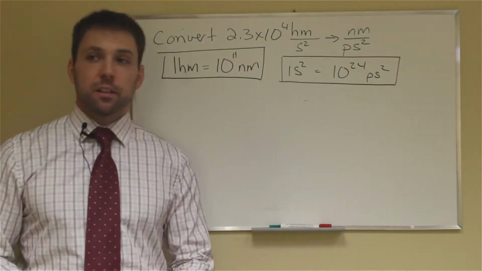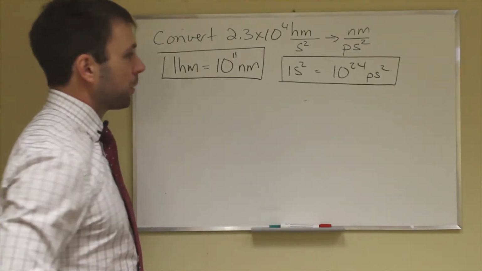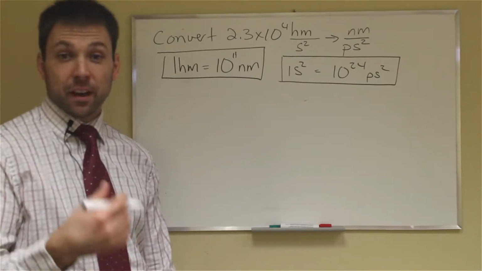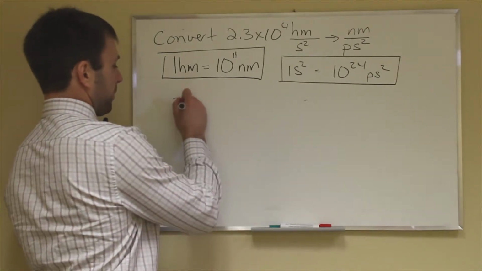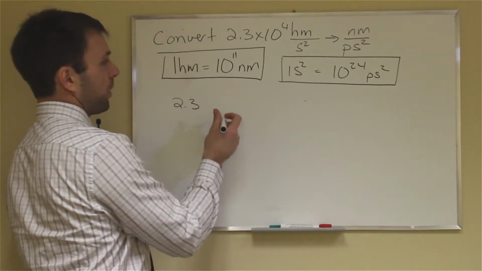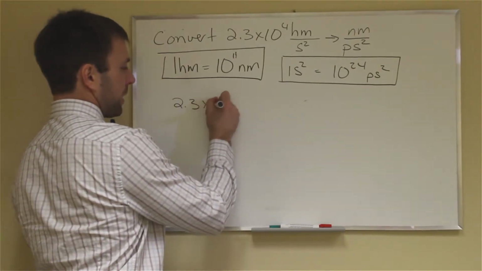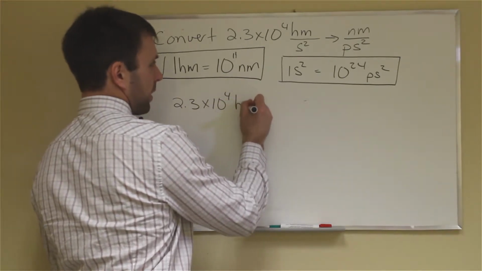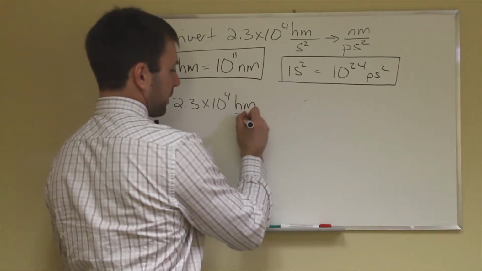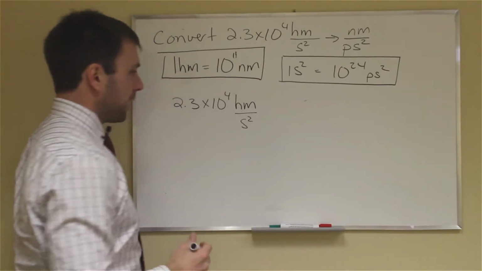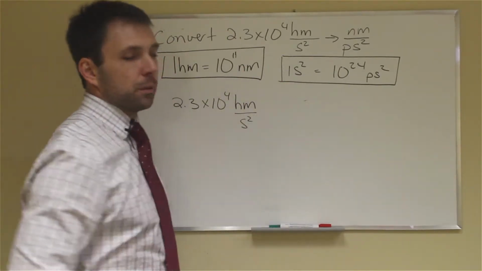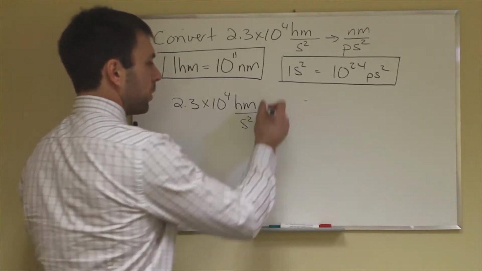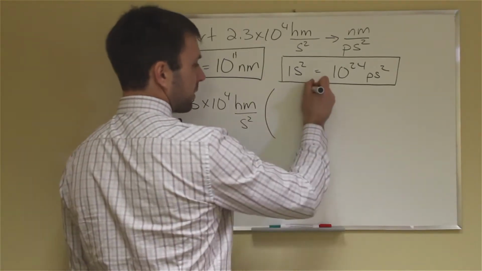Just like I did in the other questions, I'm going to start out by writing down the quantity that I was given. So this becomes 2.3 times 10 to the 4 hectometers per second squared. Now, since I have two conversion factors, I technically need to do two multiplications. So I'm going to draw two sets of brackets.